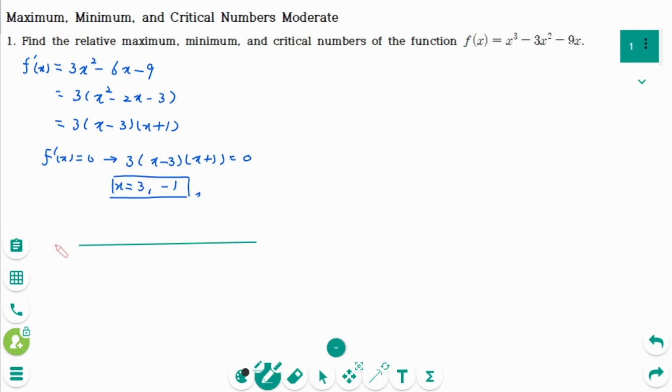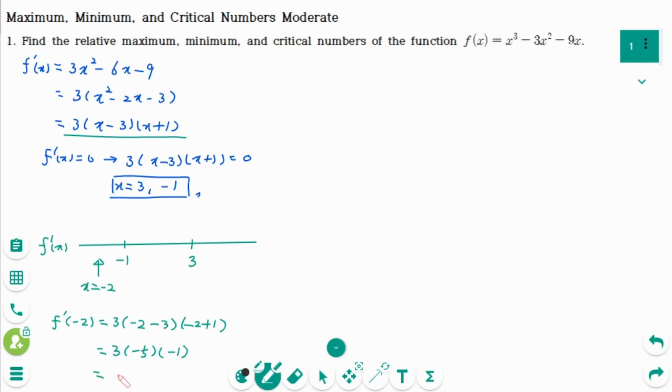The number line is here, f prime of x, then minus 1 and 3. When the testing number is minus 2, use this. f prime of minus 2 equals 3 times minus 2 minus 3 times minus 2 plus 1 equals 3 times minus 5 times minus 1 is 15, which is positive.